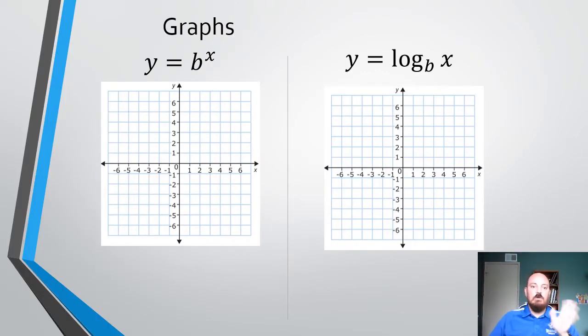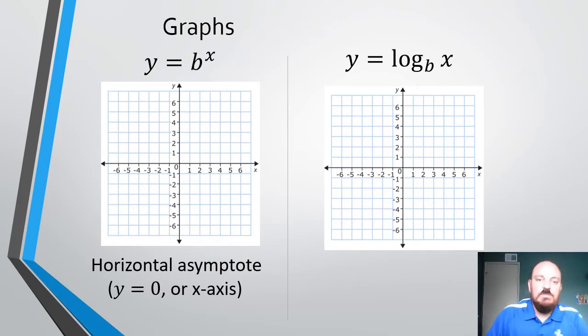So I'm going to do a graph of each side by side. On the left, we have the exponential graph, which we've already done. And on the right, we have our log graph, which is new. And we'll go one step at a time, and we'll take each piece of the exponential graph, switch x and y, and it'll turn into a log graph.